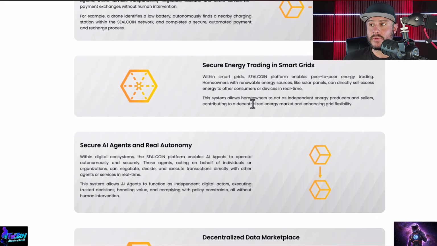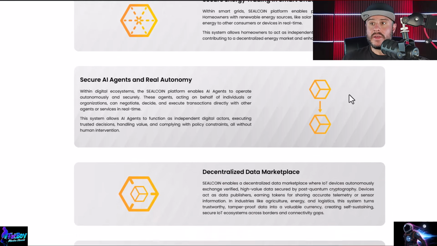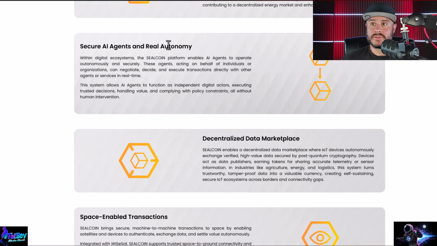This system allows homeowners to act as independent energy producers and sellers, contributing to a decentralized energy market and enhancing grid flexibility. Then we have secure AI agents and real autonomy. Within digital ecosystems, the Sealcoin platform enables AI agents to operate autonomously and securely. The agents, acting on behalf of individuals or organizations, can negotiate, decide, and execute transactions directly with other agents and other services in real time.